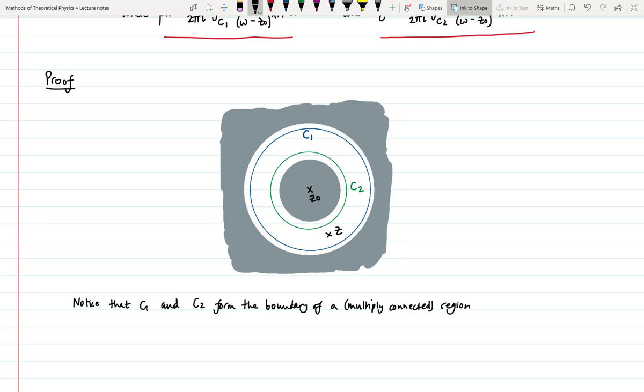And this multiply connected region, the region between C1 and C2, is a region on which f of z is analytic.